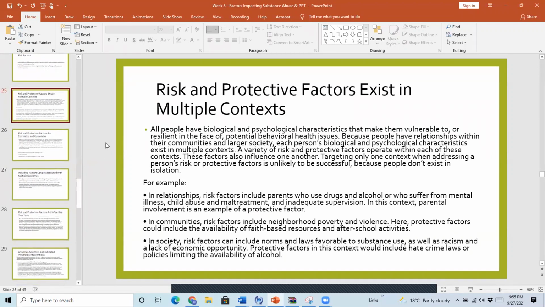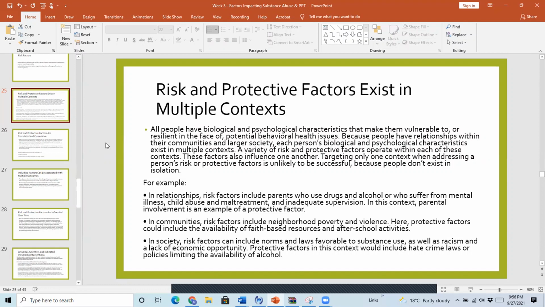Now, for example, all people have biological and psychological characteristics that might make them vulnerable to certain behaviors. But if we're able to counterbalance that, as I said, we can overcome the predisposition to addictions, right? So now, for example, in a relationship, risk factors include parents who use drugs, alcohol, and who suffer from mental illness.